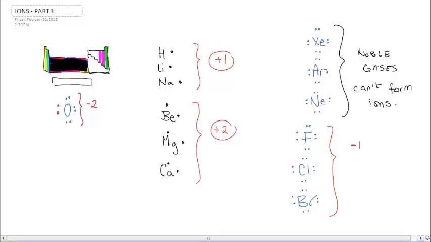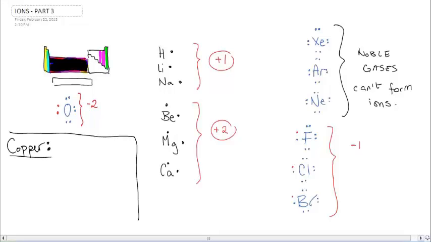And for where you are in chemistry, you don't need to know how to predict the number of valence electrons or the ions that these transition metals will form. What you do need to know, however, is that a lot of these transition metals can form more than one ion. And given the problem, I will tell you which ion is being formed. So a few common examples that I'll give you that are going to be important and come up. One is copper. So copper is a transition metal.